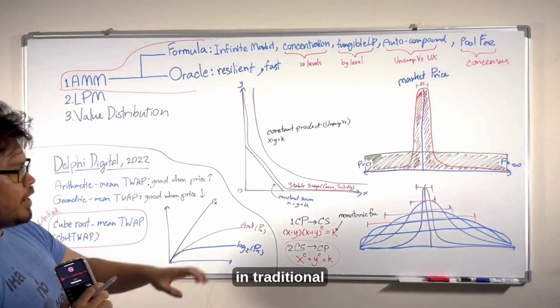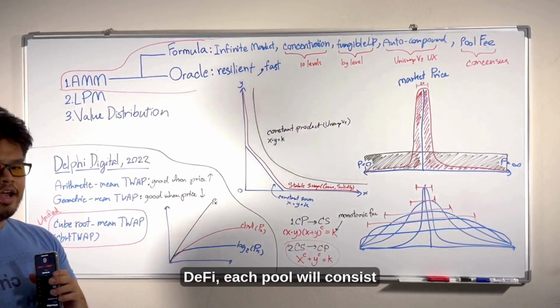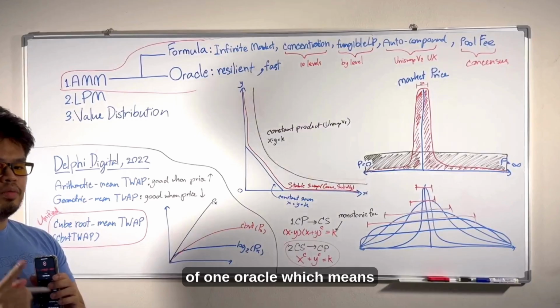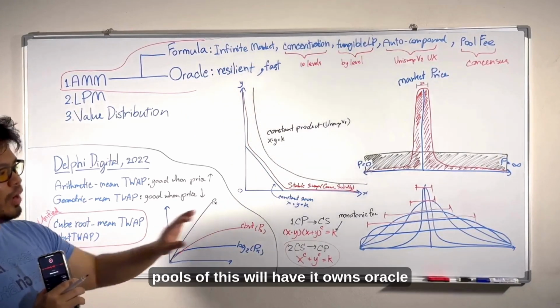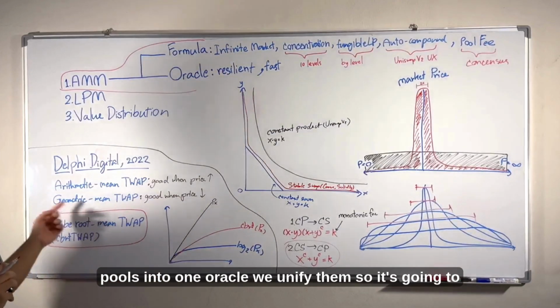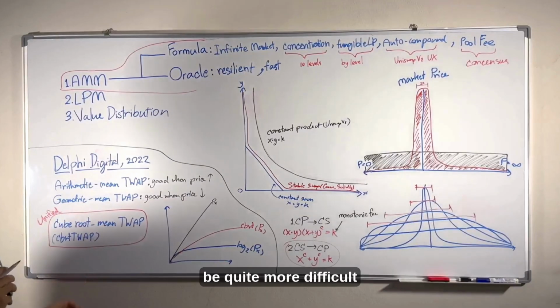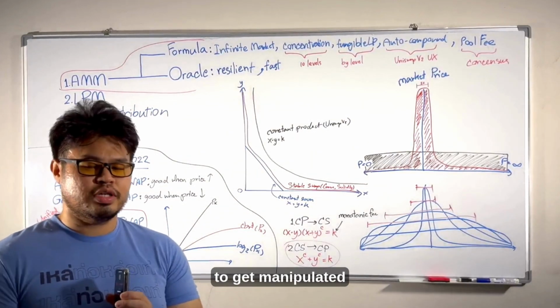In traditional DeFi, each pool consists of one oracle, which means 10 pools would have their own oracles. But here we combine all 10 pools into one oracle. We unify them, so it's going to be quite a bit more difficult to manipulate.